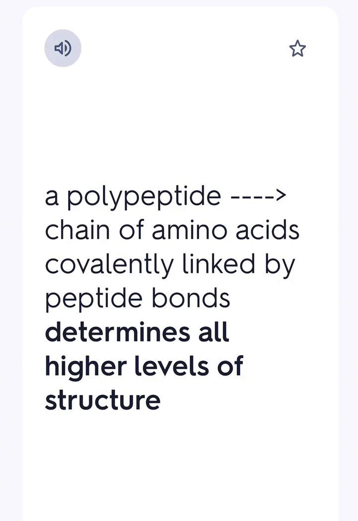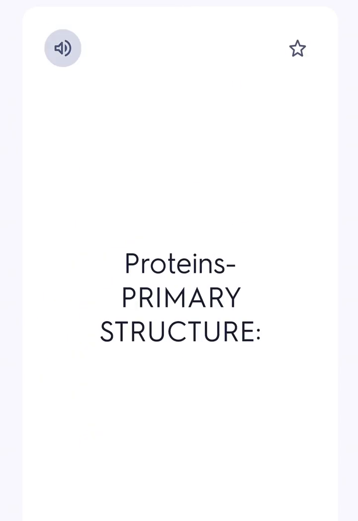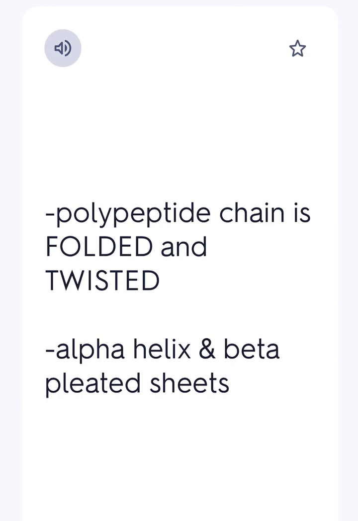Protein's primary structure: a polypeptide chain of amino acids covalently linked by peptide bonds, which determines all higher levels of structure. Protein's secondary structure: the polypeptide chain is folded and twisted into alpha helices and beta pleated sheets.